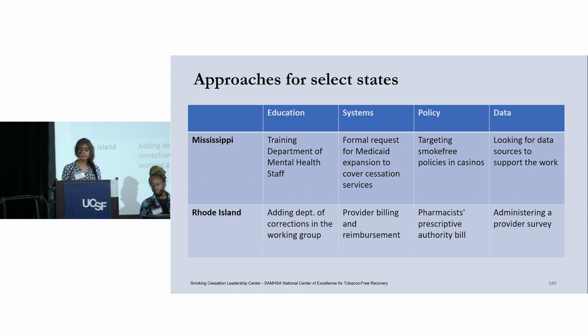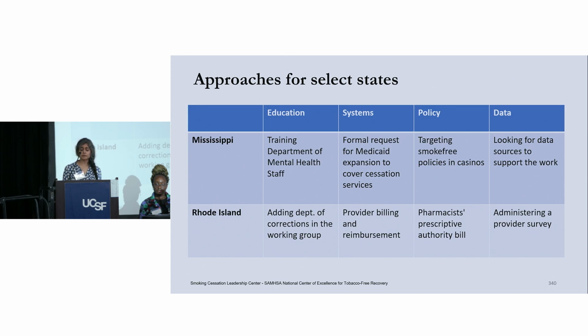Rhode Island, for example, added the Department of Corrections to their working group as a group that was missing from these discussions. Systems included providing billing and reimbursement information for any providers trying to provide tobacco cessation care. From a policy perspective, they tried to work on increasing pharmacists' prescriptive authority to provide tobacco cessation medications. And then they also administered a provider survey.